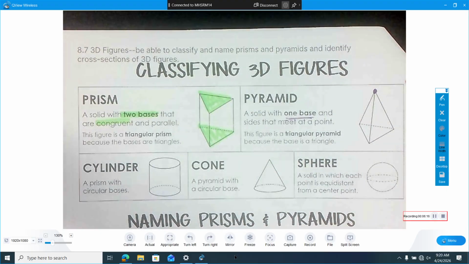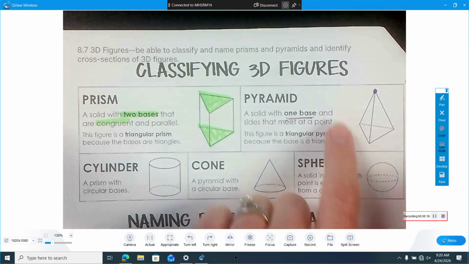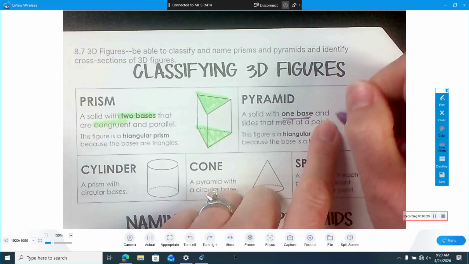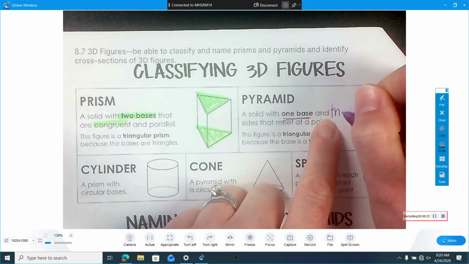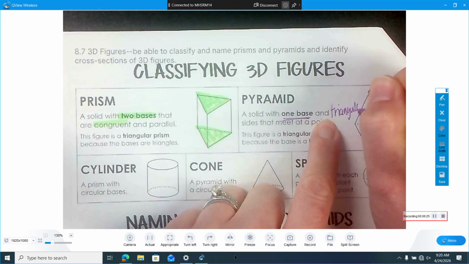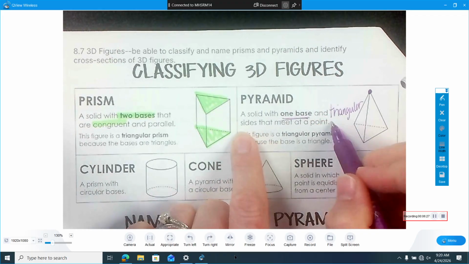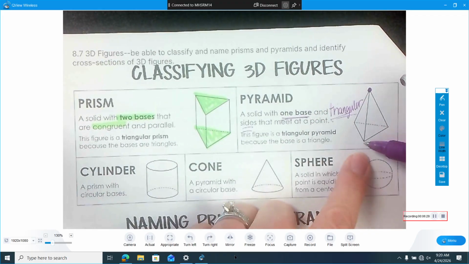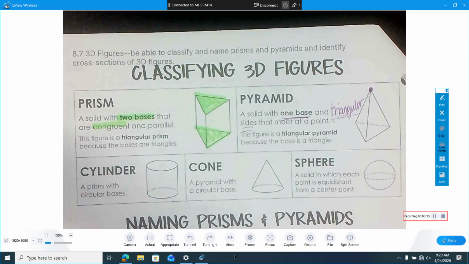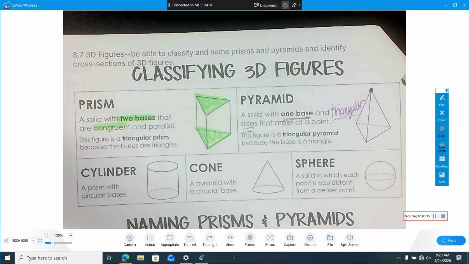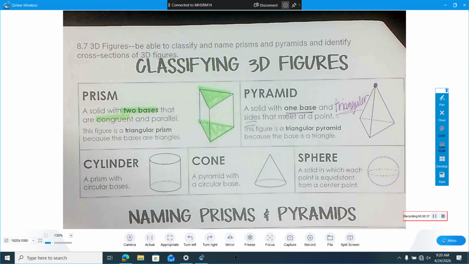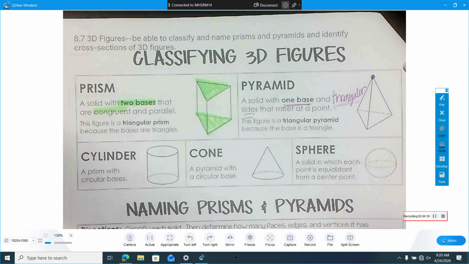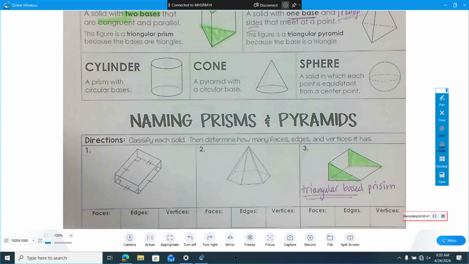And here's the really important part: they are triangular sides. We sort of left that word out. All the sides are triangles, and that's an important way to recognize a pyramid. All the sides come up to a single point.